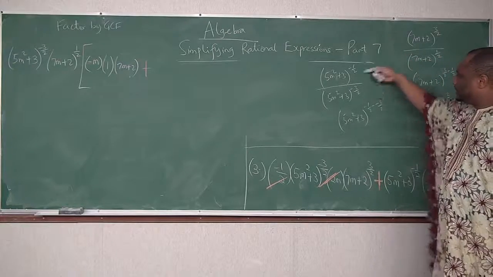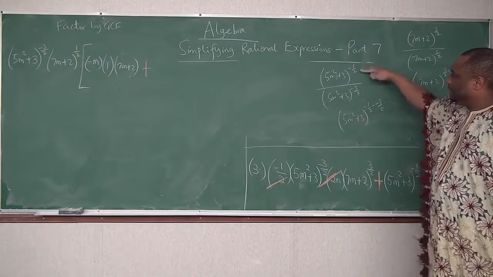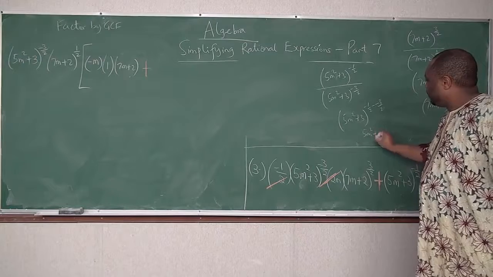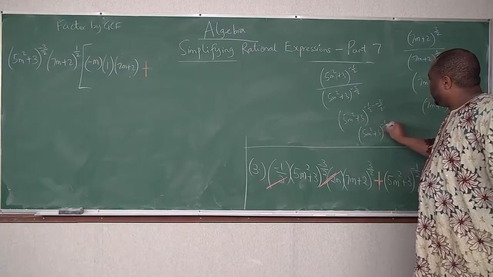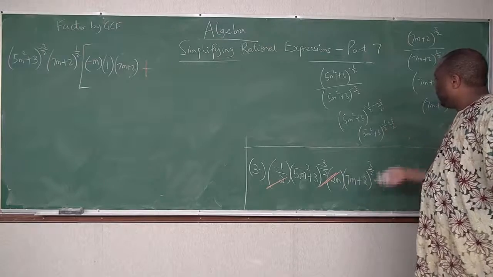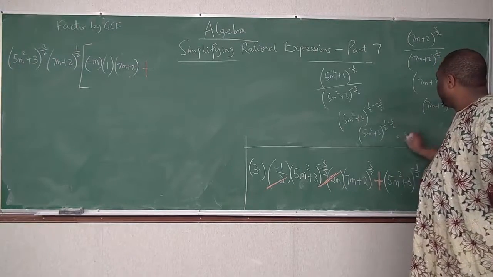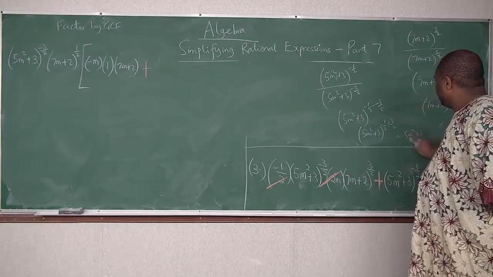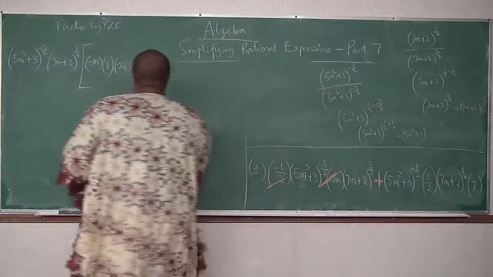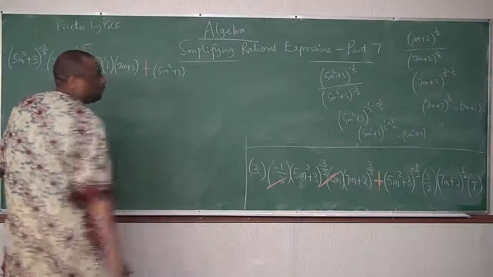Because minus, if you bring it up, is minus, then minus 3 over 2. So this is negative 1/2 plus 3 over 2, and of course that is 2 over 2, which is 1. So this is 5m squared plus 3, exponent 1.